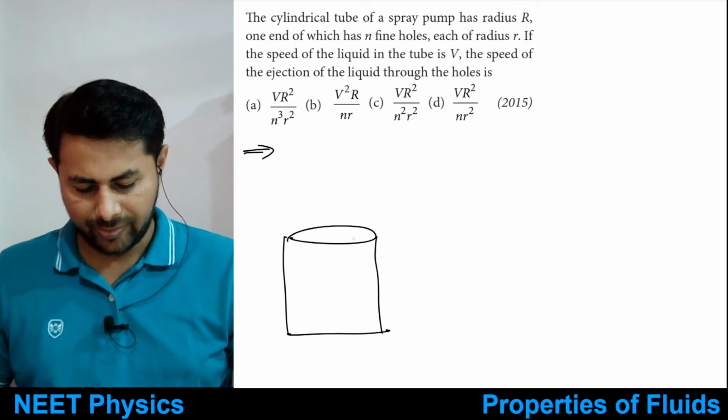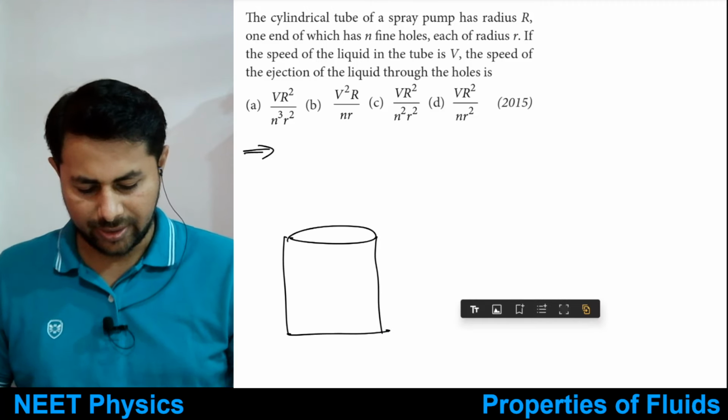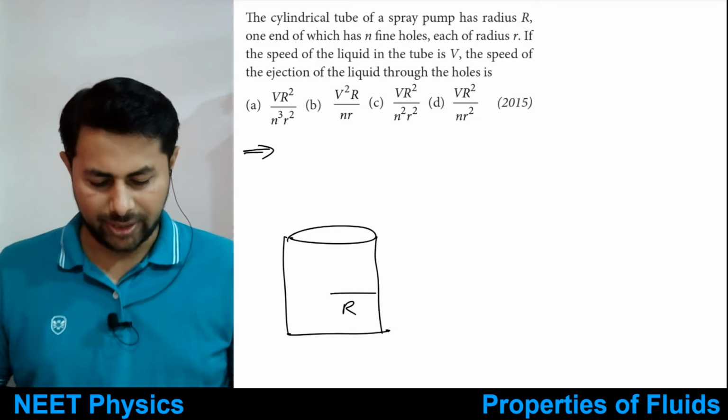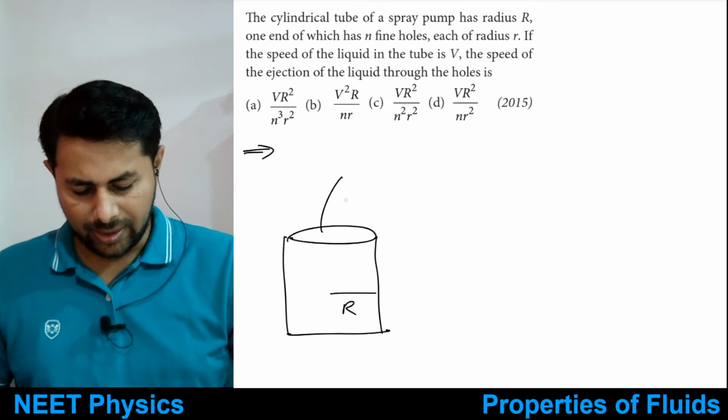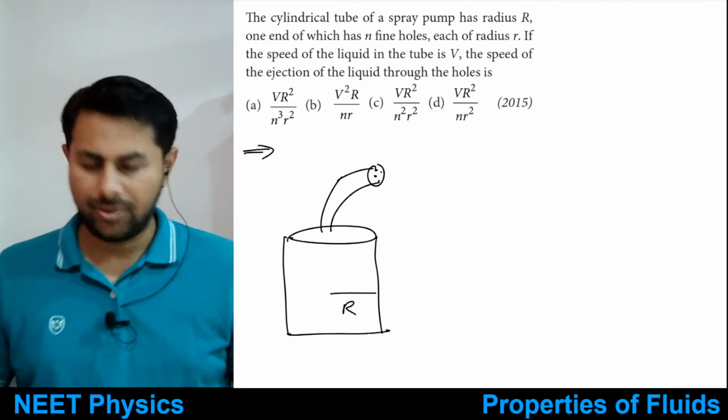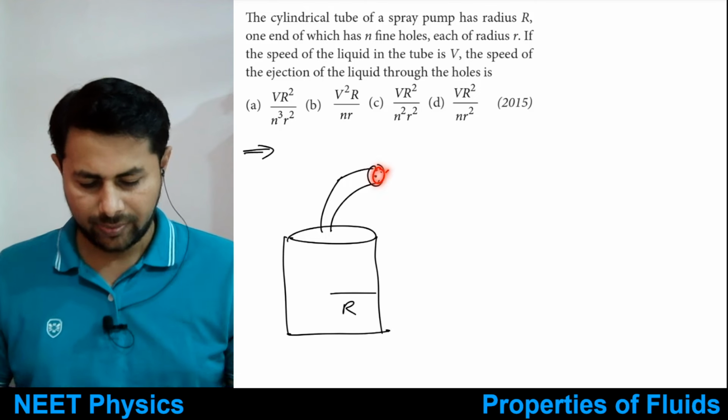Okay, and it has got some area of cross section here, and the radius over here is r. Then it will have some tube like this and small thin holes like this.